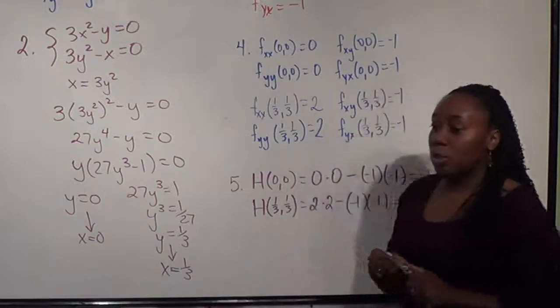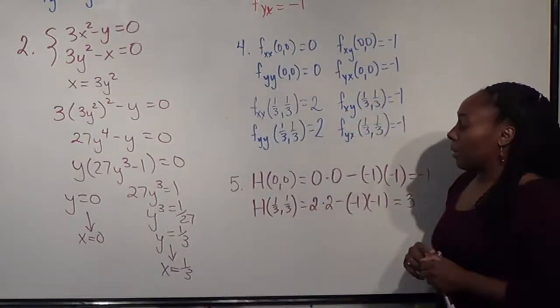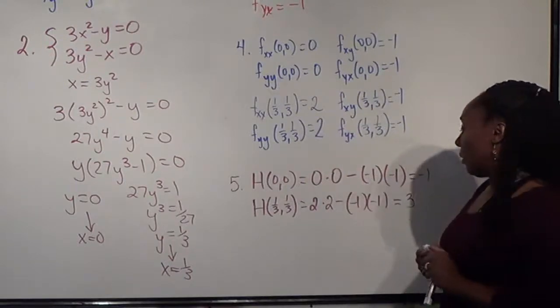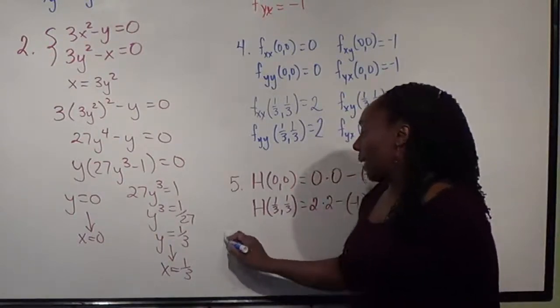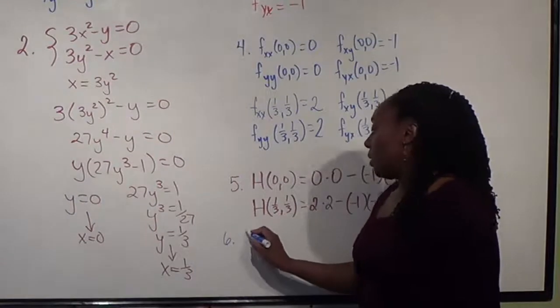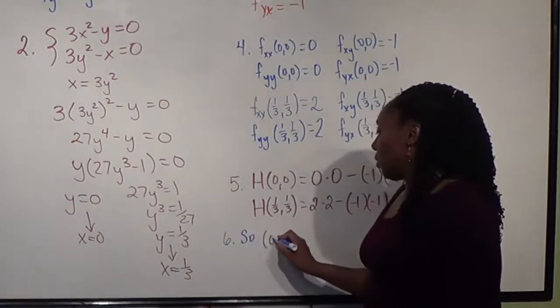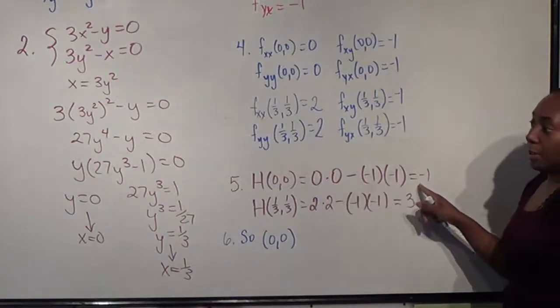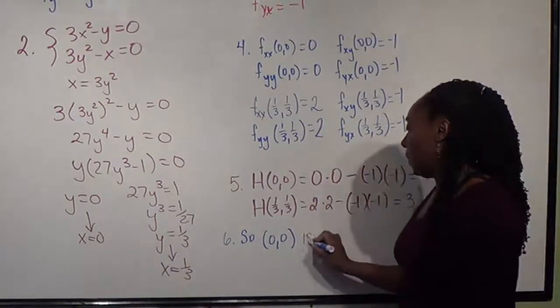So to state my solution, now that I know the values of h and I know the corresponding values here, I can go ahead and state my solution. So (0, 0), because h was negative, that tells me this is a saddle point.